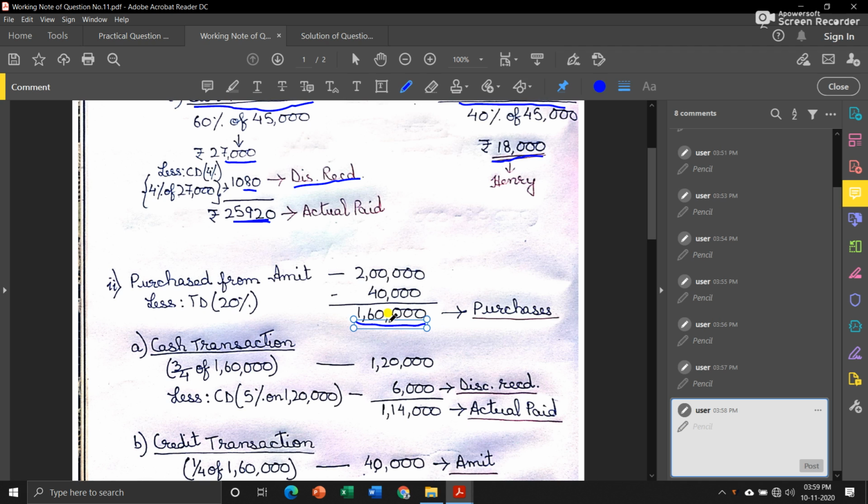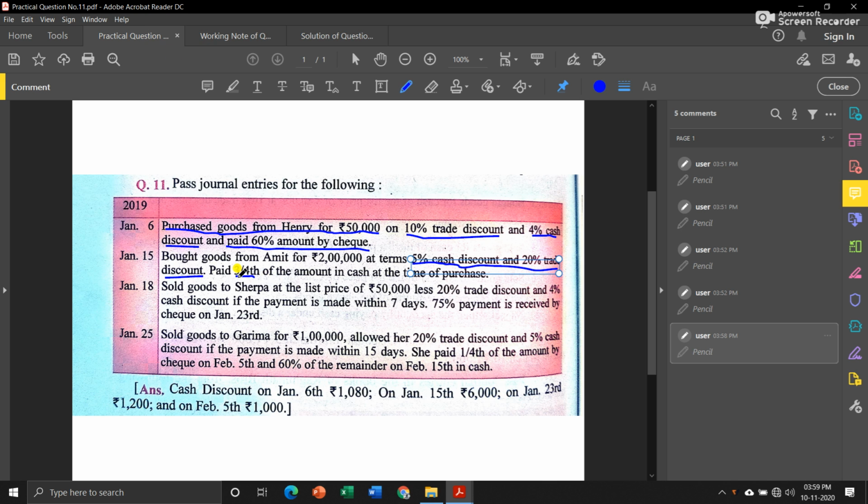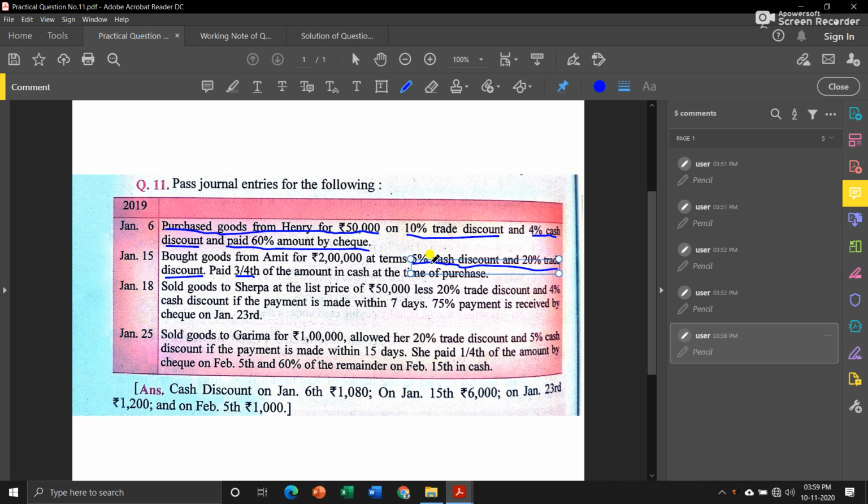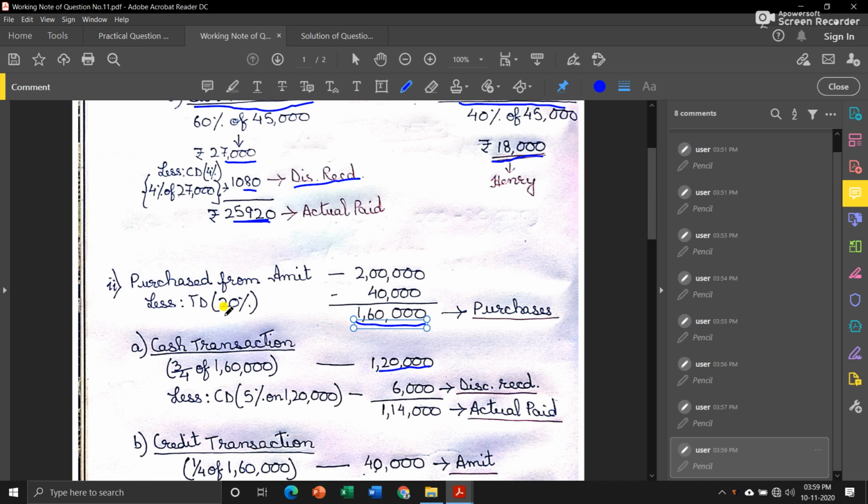Now this 1,60,000 will be divided into 2 parts, cash and credit. First let us see the cash transaction. They say that 3/4 of 1,60,000 will be cash transaction, so 3/4 of 1,60,000 is 1,20,000. Now on this 1,20,000 we will give cash discount of 5%, so 5% of 1,20,000 is 6,000.